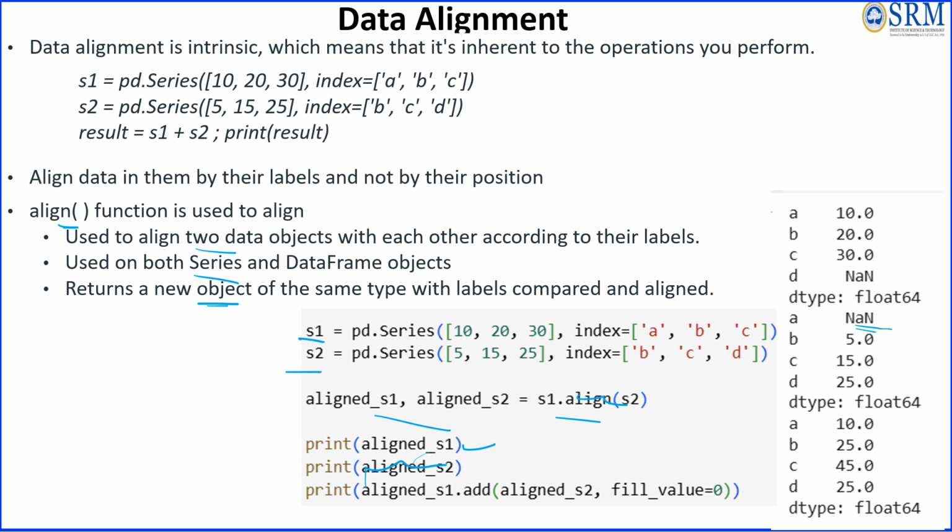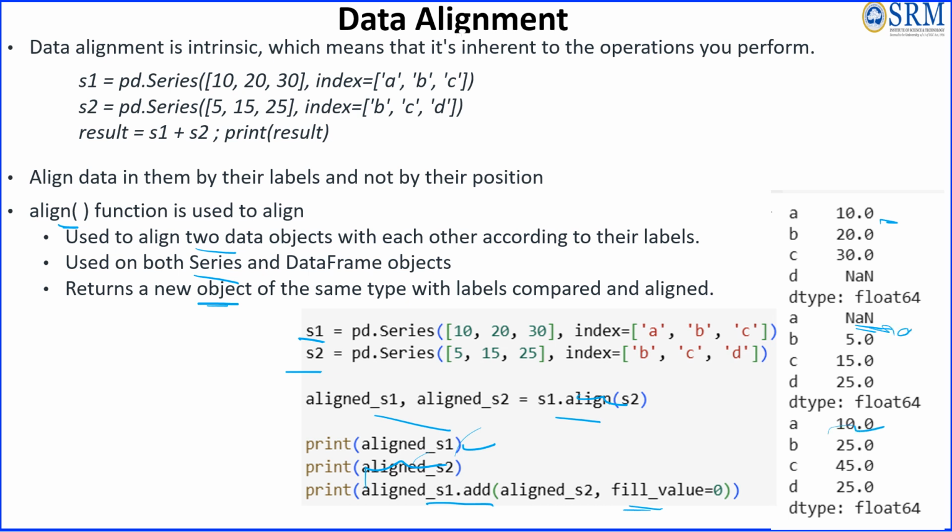Here we have to add: aligned_s1.add(aligned_s2), so aligned s2 is added to aligned s1. If you have any NaN value, that has to be filled with 0. Here you have A is 10, but this is NaN, so this has to be filled with 0. 10 plus 0 is 10.